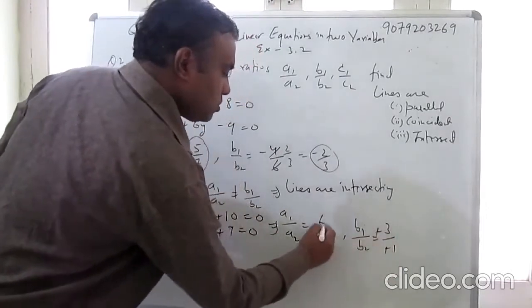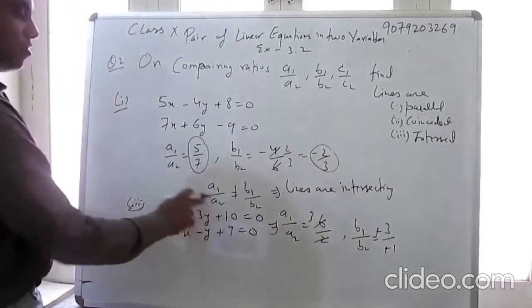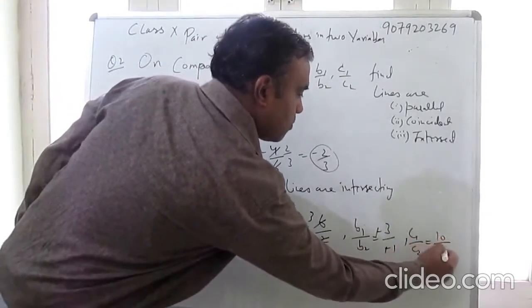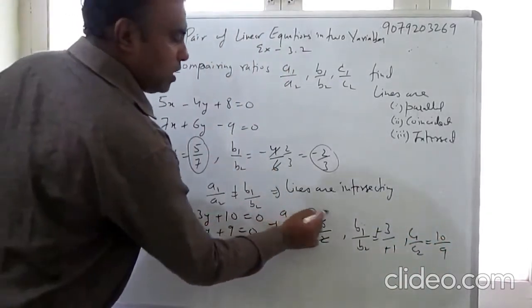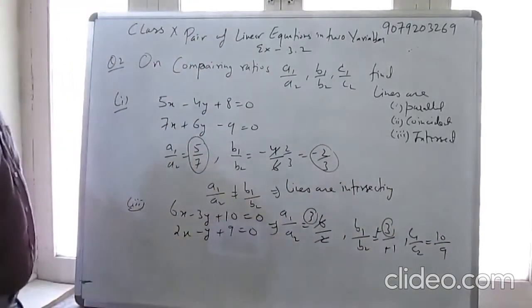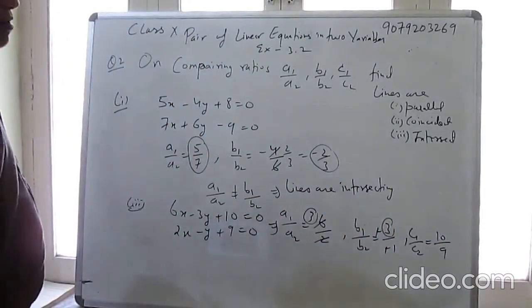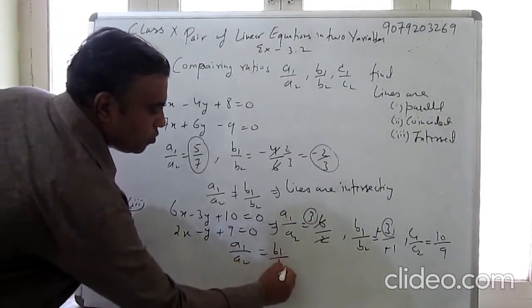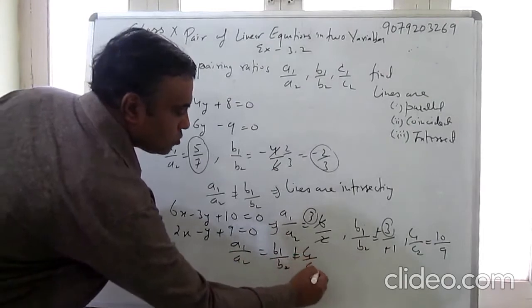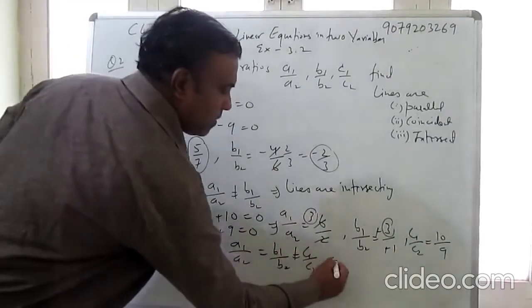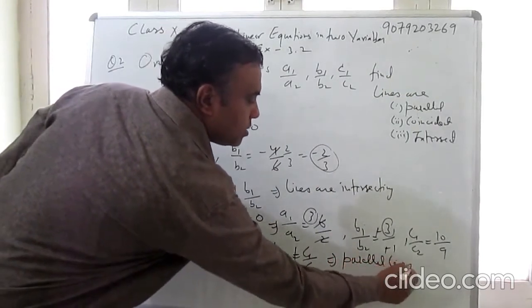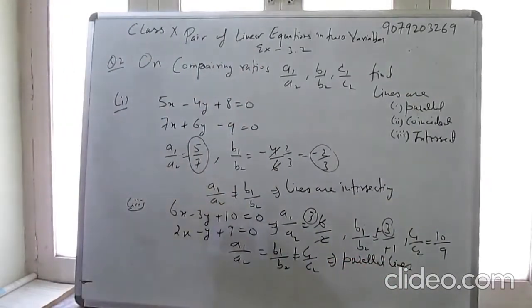This is cancelled out. This comes 3, this comes 3. Now go for C. C1 upon C2 equals to 10 upon 9. These two are equal and the third one is not equal. So what is the condition here? A1 upon A2 equals to B1 upon B2 not equals to C1 upon C2. This is the condition for parallel lines.